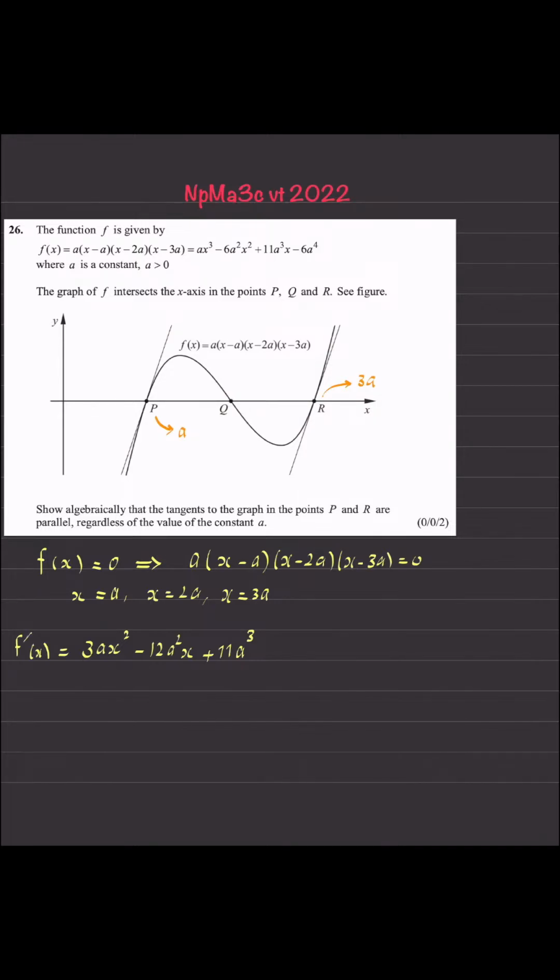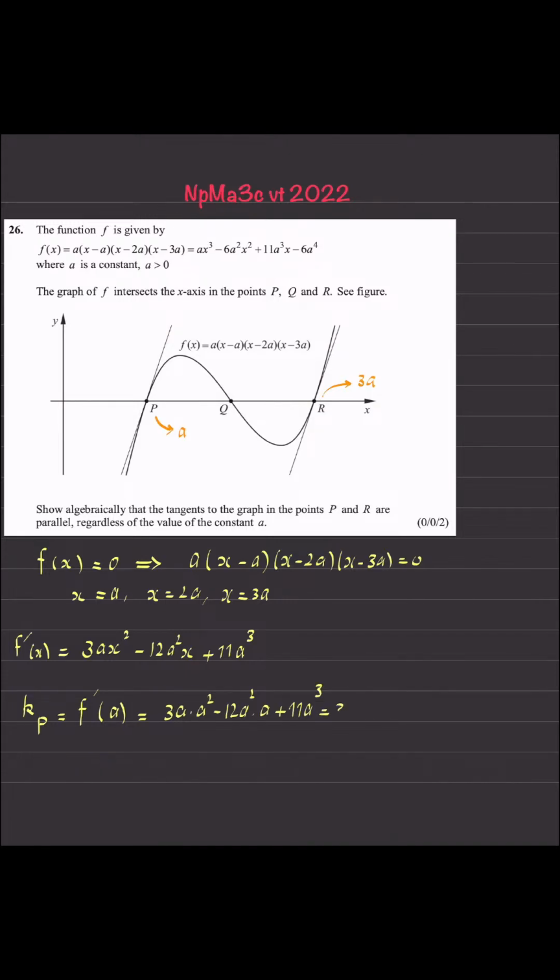Now you have to find the k value at point P by calculating the derivative at the x coordinate of point P, which we got to be a. So what does it mean? It means that you need to go to your derivative and replace every x with a. Okay? So then it becomes 3a times a squared minus 12a squared times a plus 11a cubed.